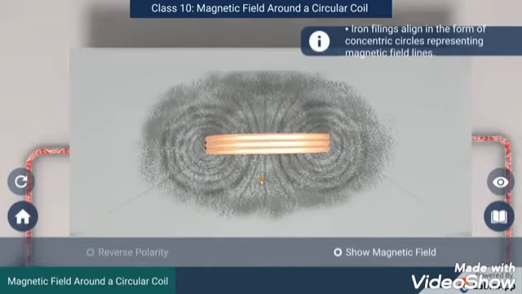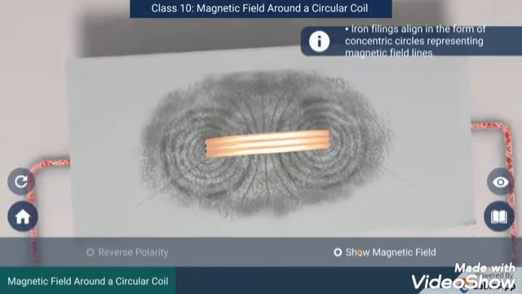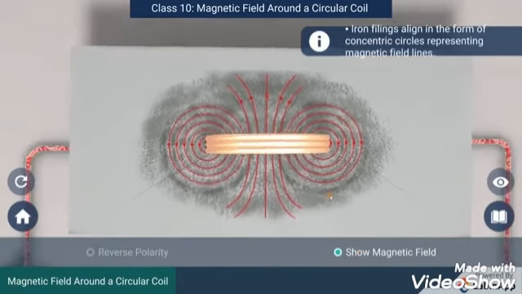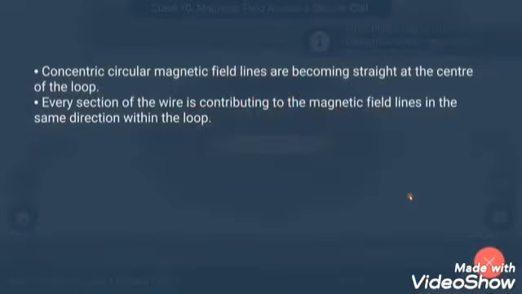Iron filings are aligning along the magnetic field at each point. The concentric circles are becoming straight at the center of the loop. By the right hand thumb rule, every section of the wire is contributing to the magnetic field lines in the same direction within the loop.